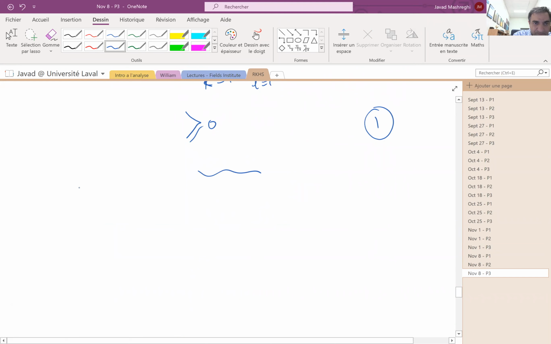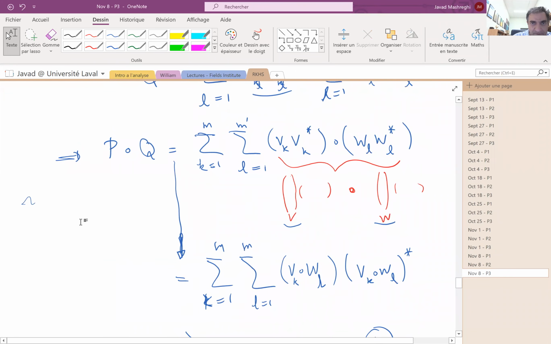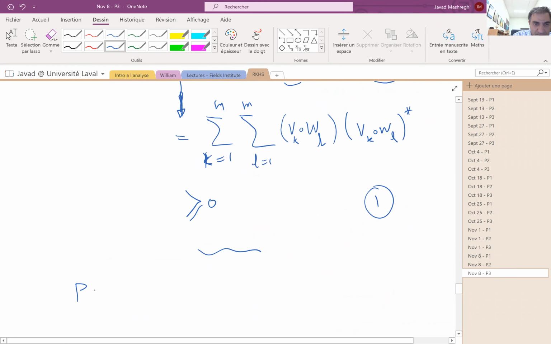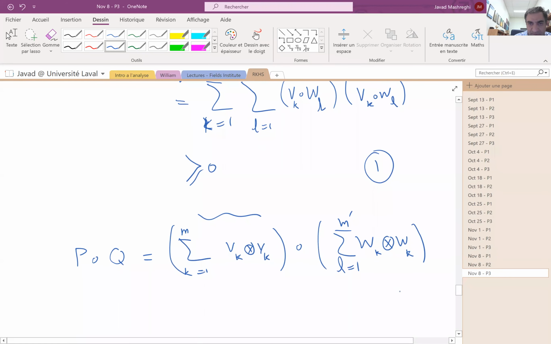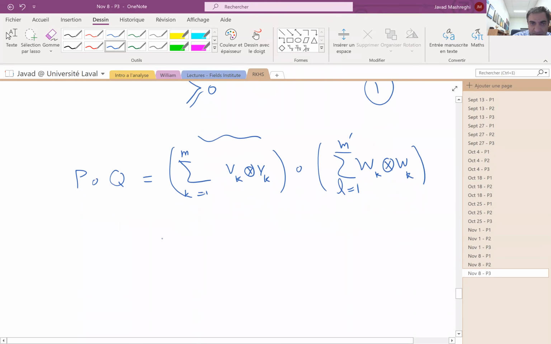The same P rond Q is the sum k from 1 up to m of V_k tensor V_k, and for l from 1 up to m prime, the same thing for W. This is precisely what I wrote before, but with a different notation.